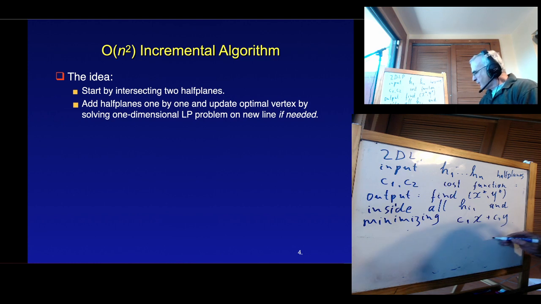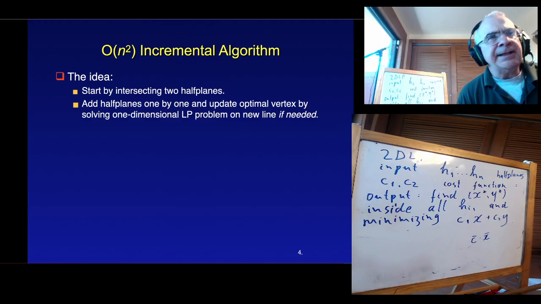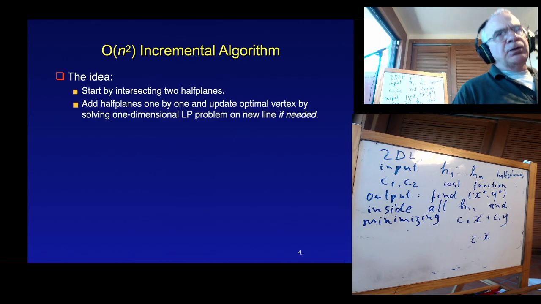Or in vector notation, it would be the vector C dot product the vector x. Right? That's linear programming notation.